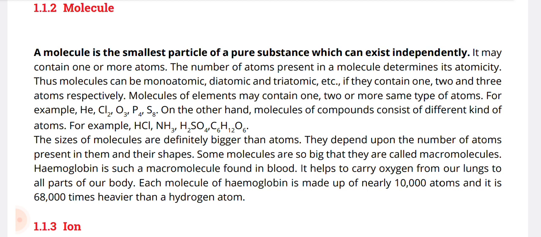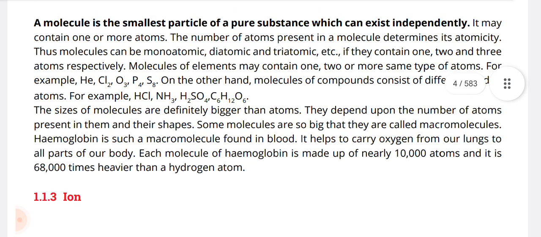For example, HCl, ammonia, sulfuric acid, and fructose molecule. The size of molecules is definitely bigger than atoms. They depend upon the number of atoms present in them and their shapes. Some molecules are so big that they are called macromolecules.